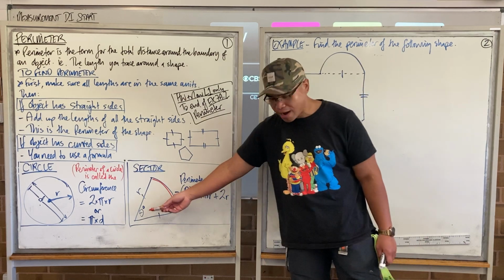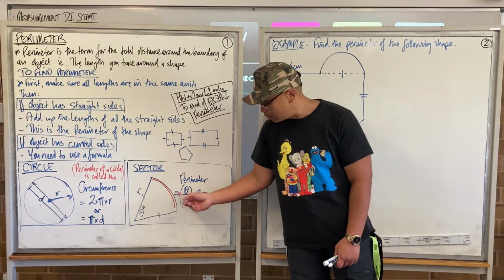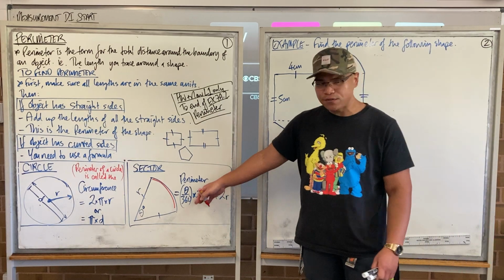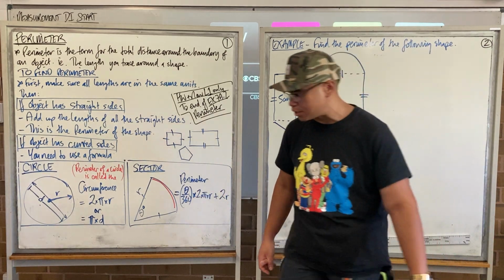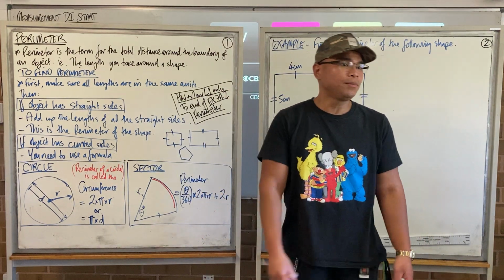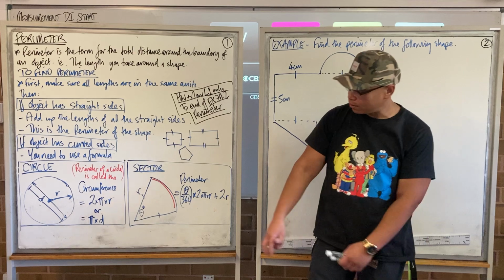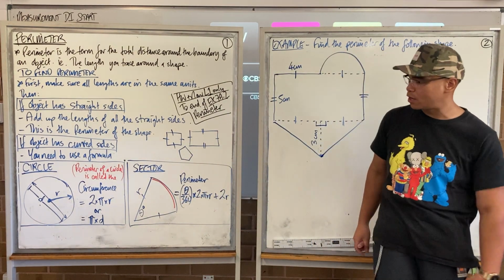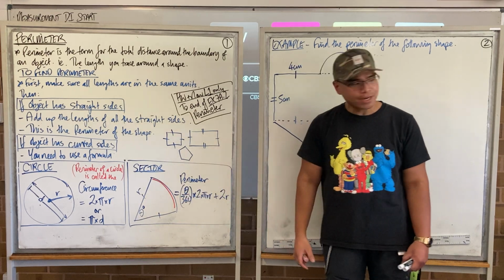So if I know the angle, I do the angle over 360 to get the fraction of a circle. What's the significance of the 360? How many degrees do I turn if I go around in a whole circle? 360. So this angle divided by 360 degrees is going to tell me what fraction of a circle my pizza slice is.